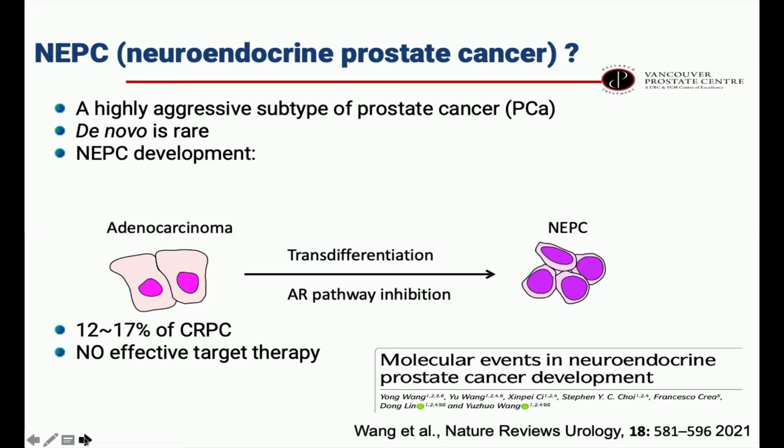But during the last 5-6 years, because the most potent AR pathway inhibitors are used, people found that the incidence of treatment-induced NEPC has significantly increased, up to 17 to 25%. And NEPC has no effective therapy.